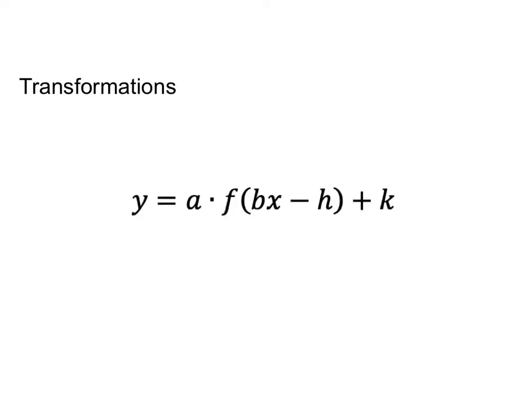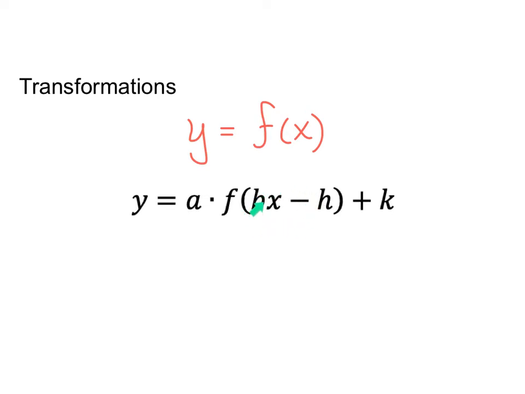So the general format for all transformations is what you see on your screen. That might look complicated, but all it's really stating is we start with some parent function, which I'm just calling y equals f of x. If something is happening to the x value, it's written inside parentheses.